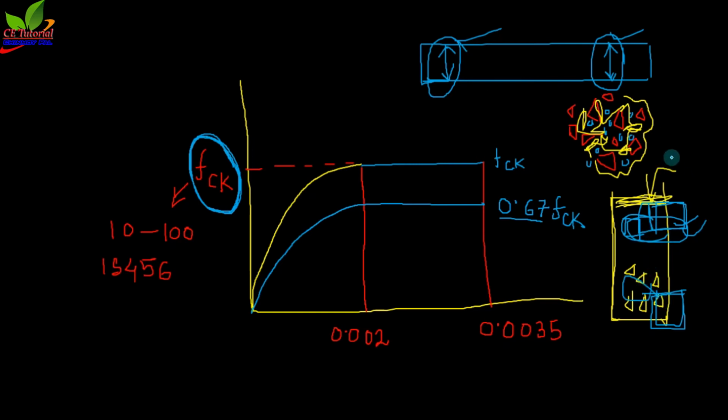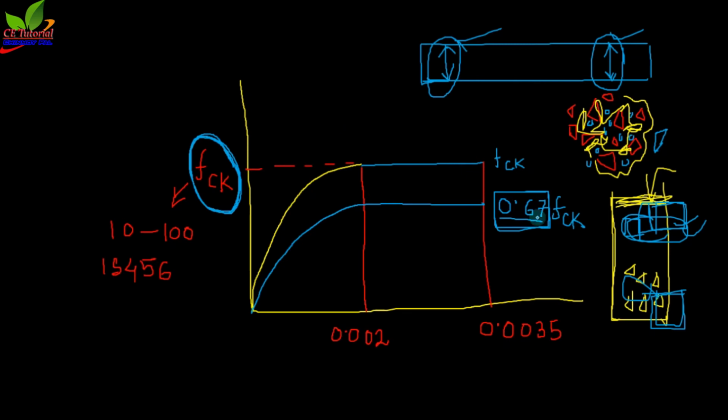Because the size of aggregate is not the same, if you take 1,000 stone chips, that means you have 1,000 shapes also. So this constant 0.67 is coming from the size and shape factor.